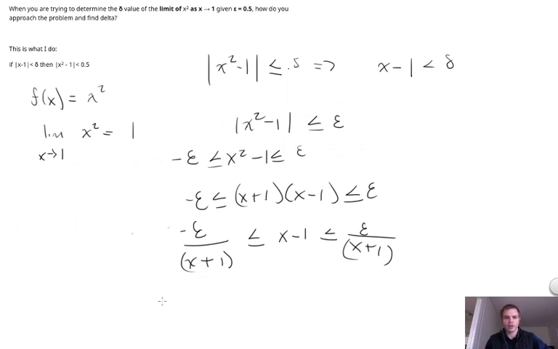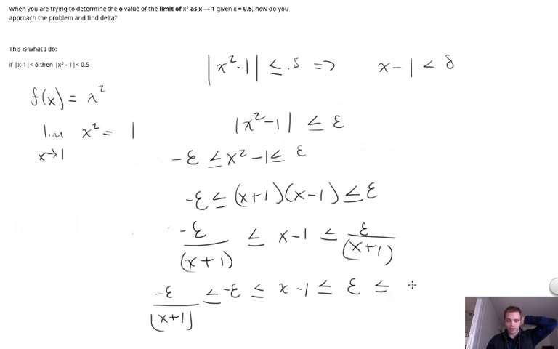So we can say that negative epsilon over x plus 1 is going to be less than or equal to epsilon, or negative epsilon, I should say, because it's dividing by a positive number, so it would shrink, which is less than or equal to x minus 1, which is less than or equal to this. And we can say here again, epsilon would be less than or equal to epsilon divided by some positive number.